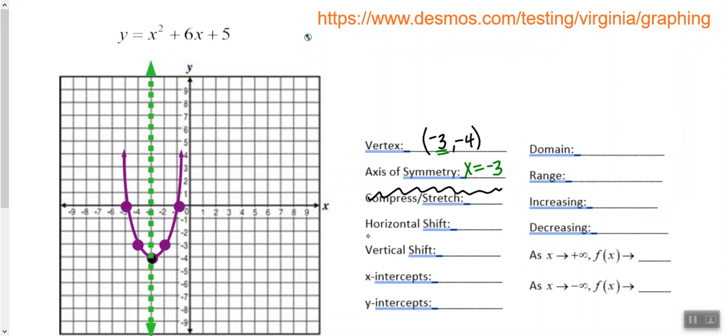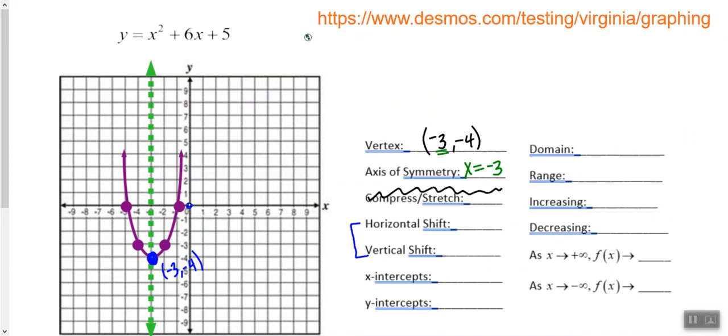Now, horizontal and vertical shift. Think back to Unit 1 when we talked about parent functions. And I said parent functions always start at the origin. So what horizontal and vertical shift are asking, how did the vertex move away from the origin? So again, my new vertex is at -3, -4.